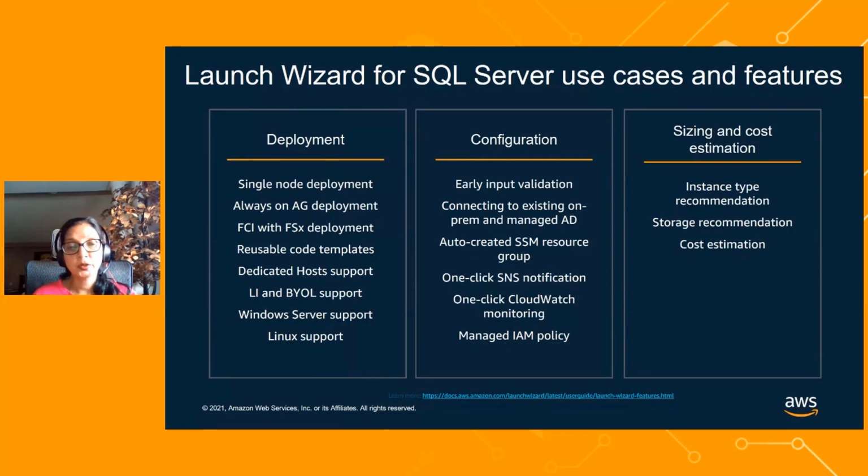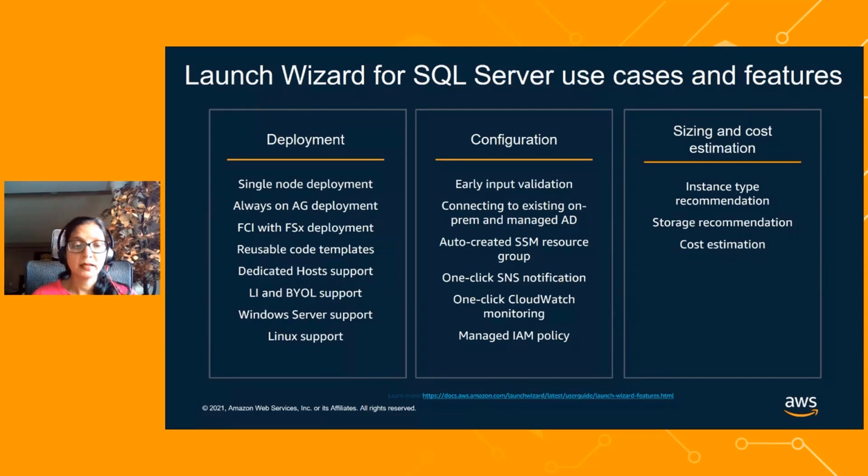From a configuration point of view, one of the unique features of Launch Wizard is that it does early input validation. When you give your performance requirement, it validates whether it's a best fit or not. You can connect to Active Directory on premises, or you can connect to Active Directory in the cloud, like AWS Managed Active Directory. And you can set up notification and monitoring with a single click using Launch Wizard.